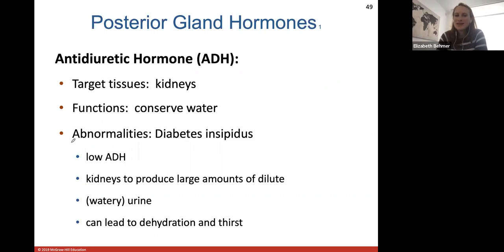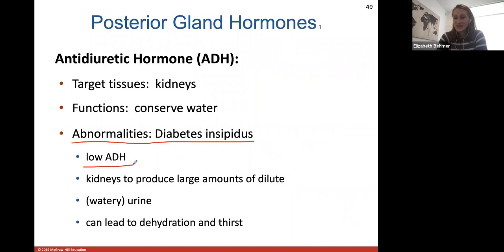An abnormality with antidiuretic hormone is a type of diabetes called diabetes insipidus. This has nothing to do with glucose levels. Diabetes insipidus has to do with low ADH levels. Without adequate levels of ADH, your kidneys produce large amounts of dilute, watery urine.